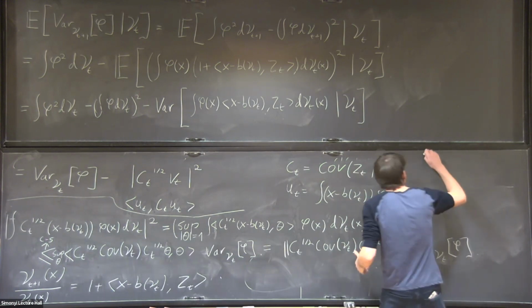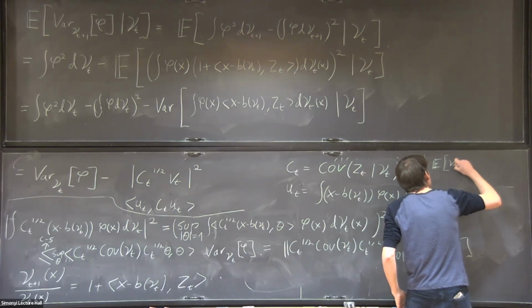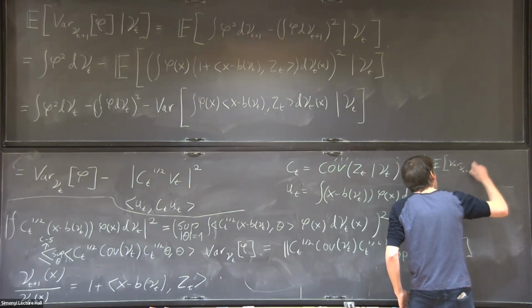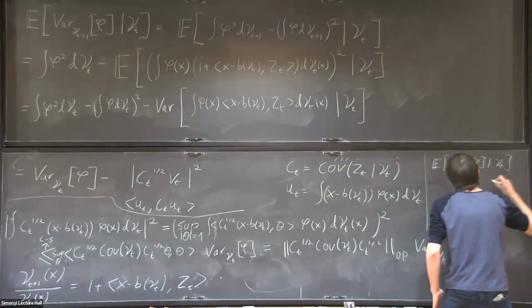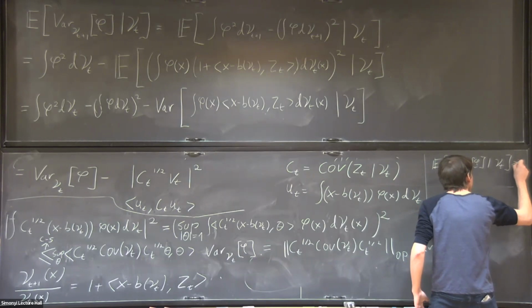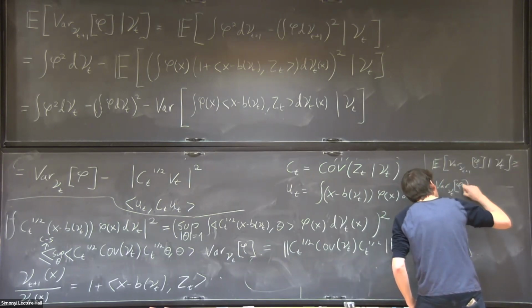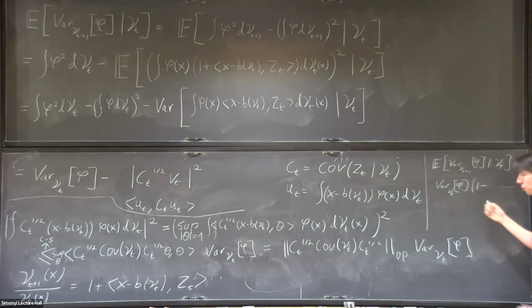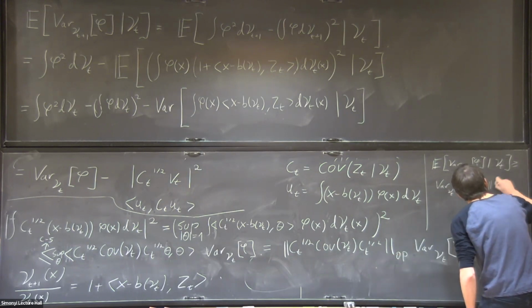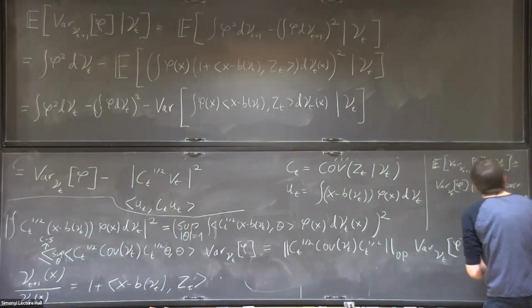So if we connect everything together, we get that the expected variance with respect to nu t plus 1 of phi, given nu t, is at least the variance with respect to nu t of phi, times 1 minus epsilon, where my epsilon of the contraction is just this thing of nu t.